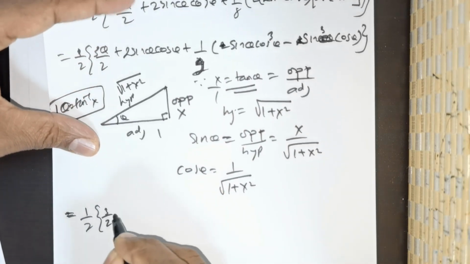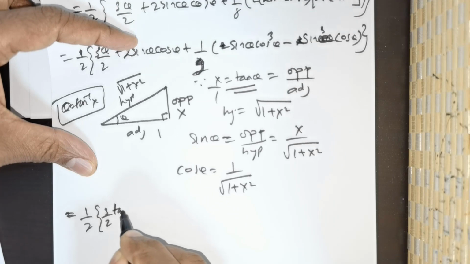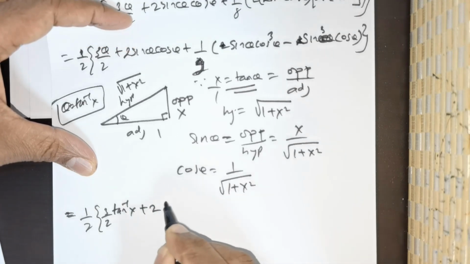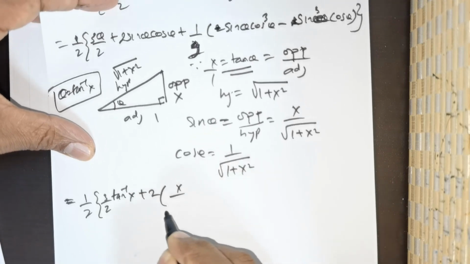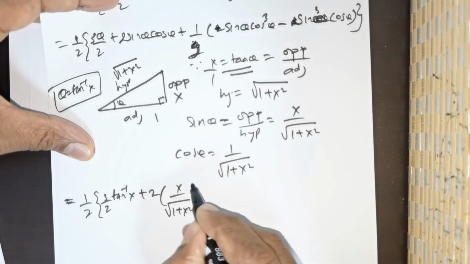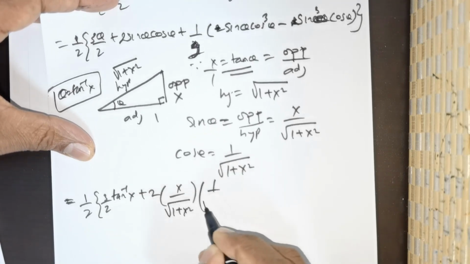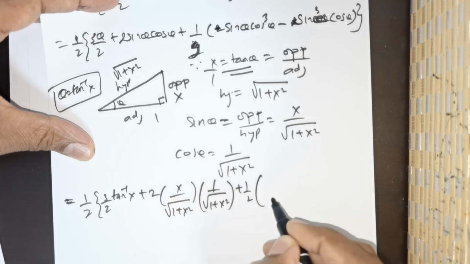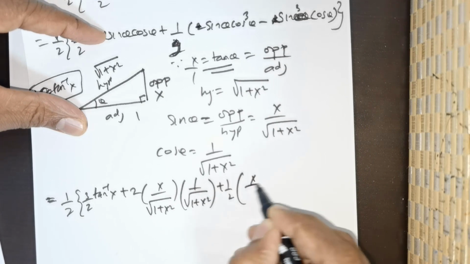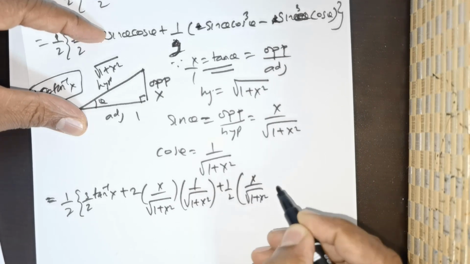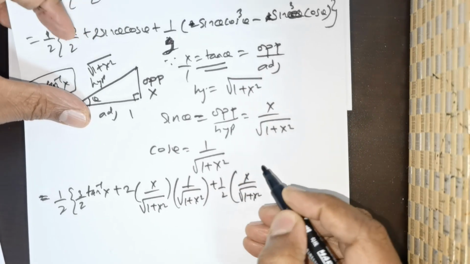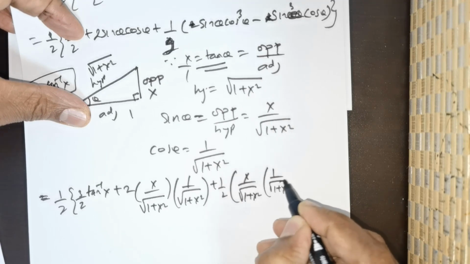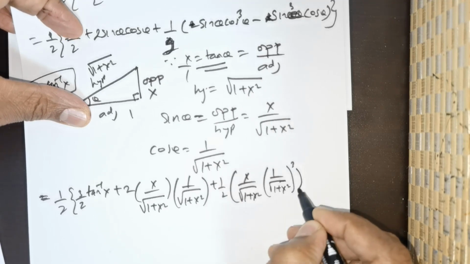So this is going to be 3 over 2 times tan inverse of x, plus 2 times sine is x over root of 1 plus x squared, cos is 1 over root of 1 plus x squared, plus 1 over 2 times my sine is x over root of 1 plus x squared, cos cubed, that's going to be 1 over root of 1 plus x squared raised to the power of 3.